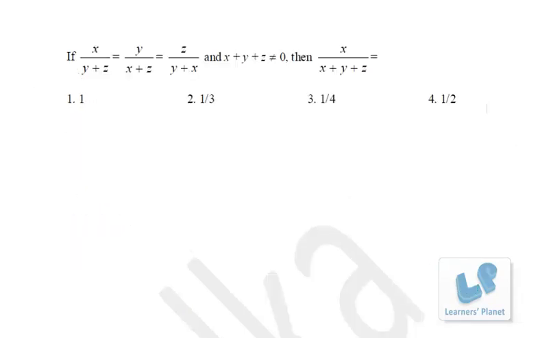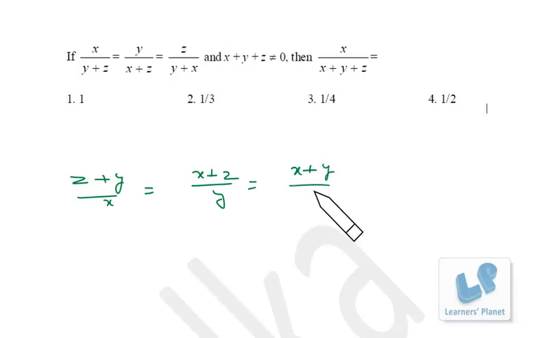Now see this problem. If x upon y plus z is equal to y upon x plus z is equal to z upon y plus x, we have to find out the value of this expression. Since we wish to get x plus y plus z, we can just take reciprocals. If these three expressions are equal, their reciprocals should also be equal. That means y plus z by x is equal to x plus z by y is equal to x plus y by z.